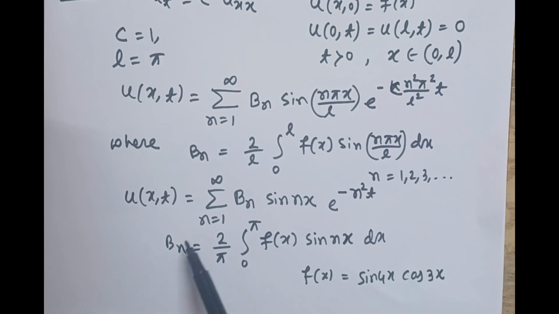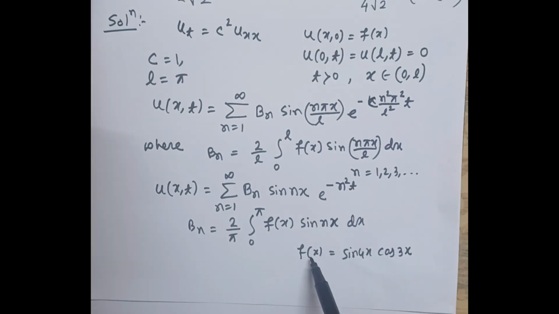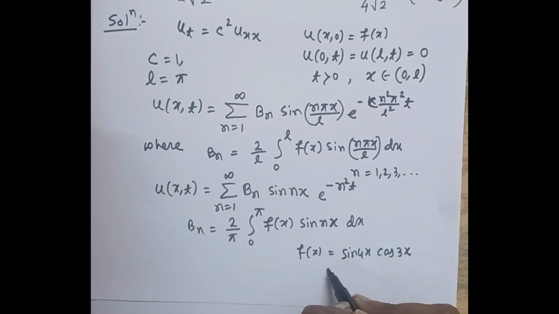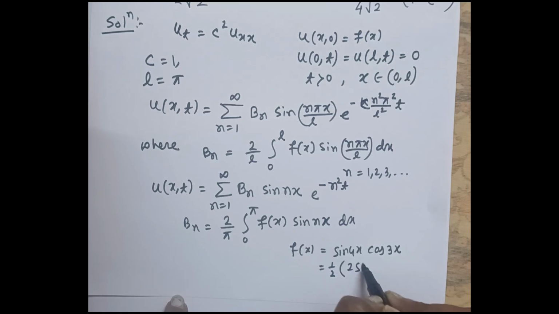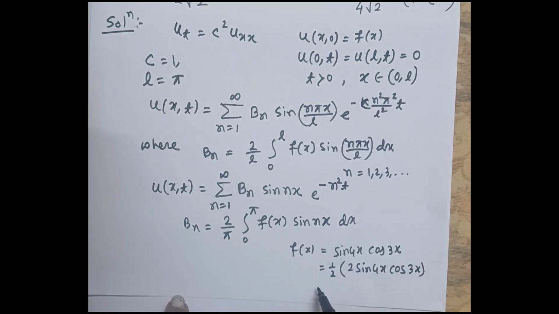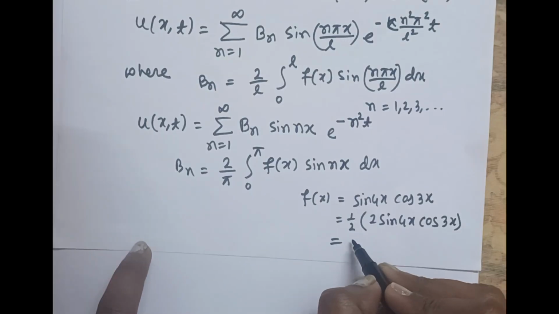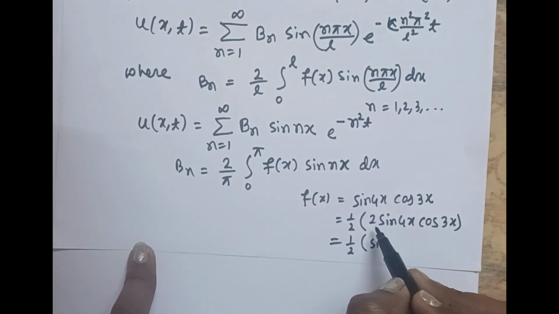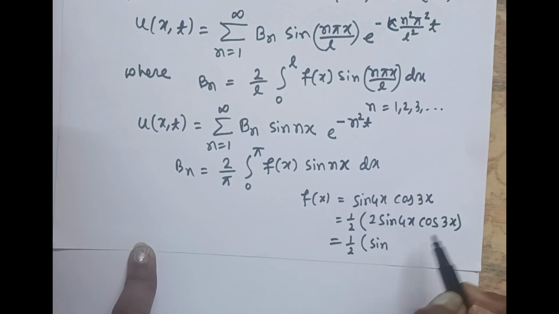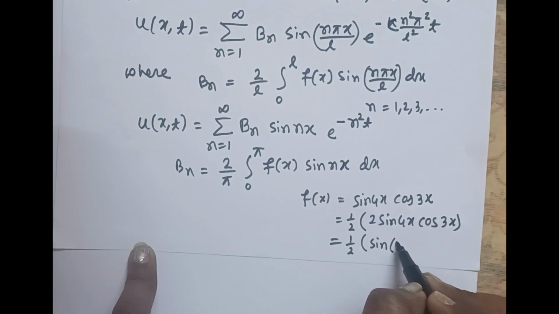Since we have bn in terms of sin nx with f(x), we will transform this into sine form. So we can write 1 by 2 into 2 sin 4x cos 3x. Then we can use the 2 sin a cos b formula, so it will be sine of (a plus b)x plus sine of (a minus b)x, since a is 4x and b is 3x.